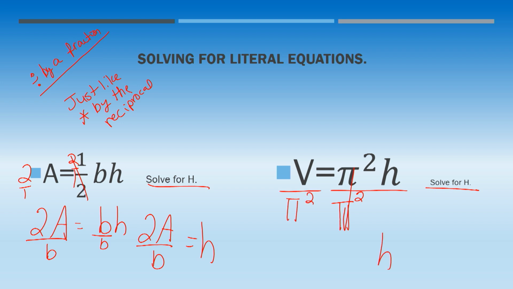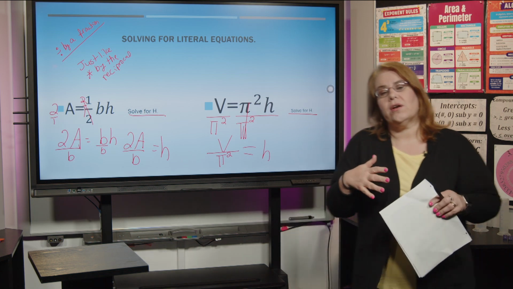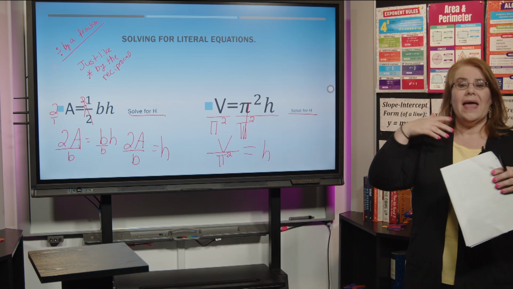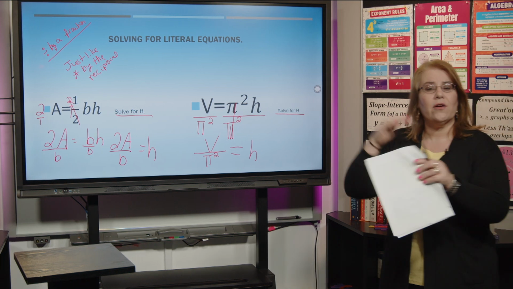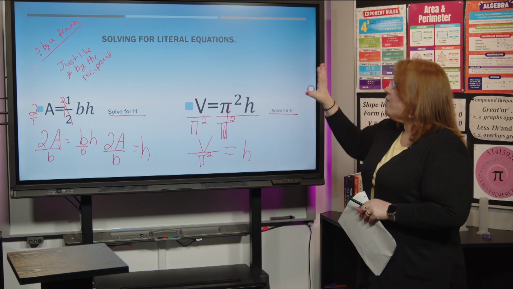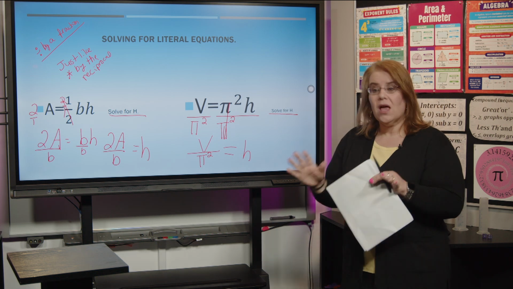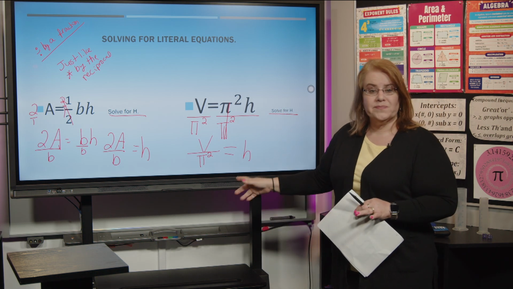So my h literally equals V divided by pi r squared. Now, as we have learned about our exponents, we could get the exponent out of the denominator and do this and that. But for our purposes, I just wanted you to see literally what my h equaled.